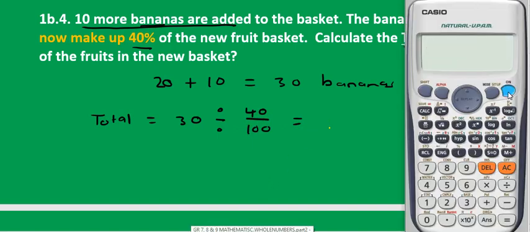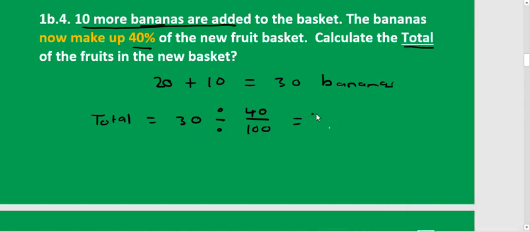Okay, so if we take 30 bananas and we know that they make up 40%, we can divide by 40%. We'll find that we've got the total of 75 fruits. Okay, and of course, if I went too quickly, just pause the video or go back.